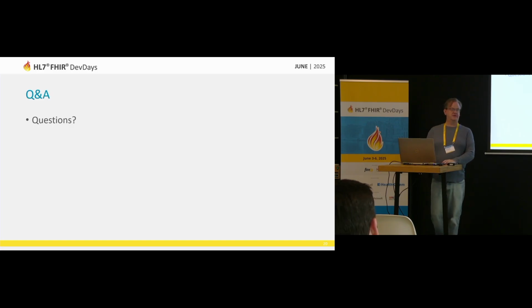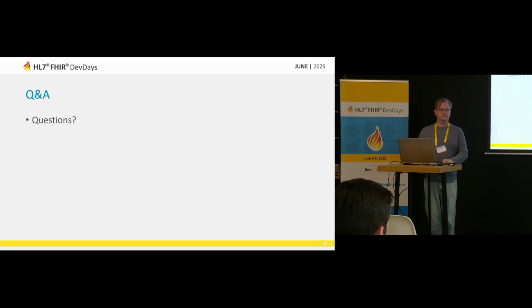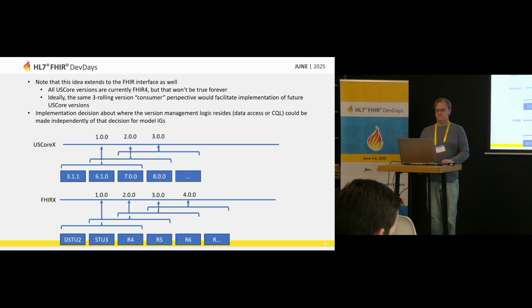Yes. Hi. I had a question yesterday from someone who said they wanted to use CQL with FHIR 5. We would obviously need a FHIR 5 model info, and FHIR helpers probably included with FHIR 5. Is that already available? It's not available yet.